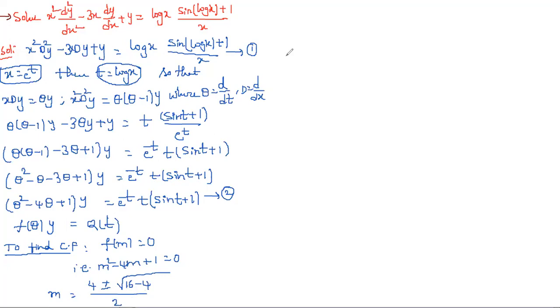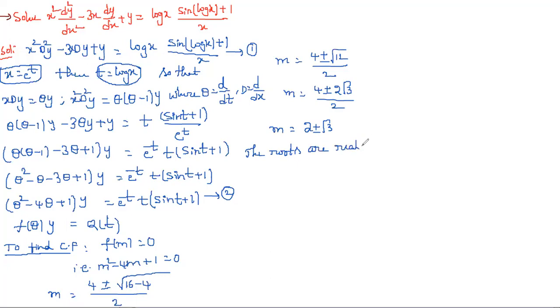Then what do we get? m is equal to 4 plus or minus root of 16 minus 4, which is nothing but 12, by 2. So m is equal to 4 plus or minus 2 root 3 by 2. Taking 2 as common in the numerator and cancelling with the denominator, what remains is 2 plus or minus root 3. Which roots are these? The roots are real and irrational.